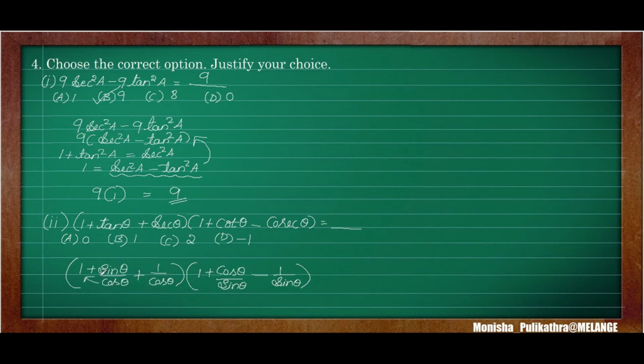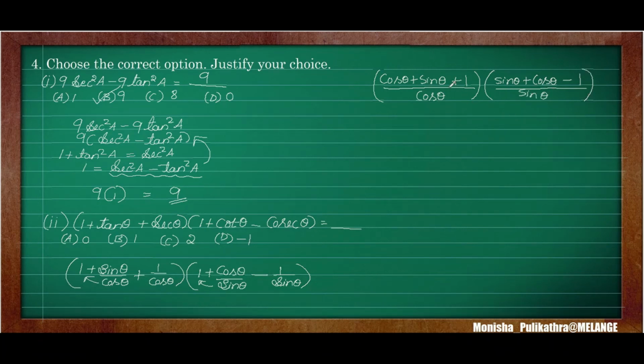After that we have to take the LCM of this. Then it will become cos theta plus sin theta plus 1 whole divided by cos theta. So next one is sin theta plus cos theta minus 1 whole divided by sin theta.